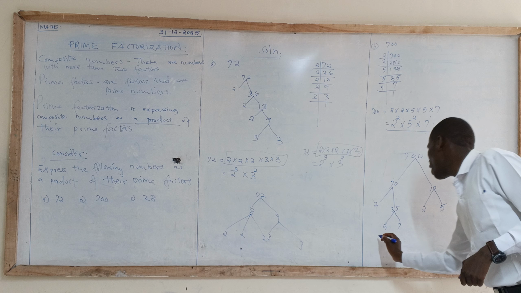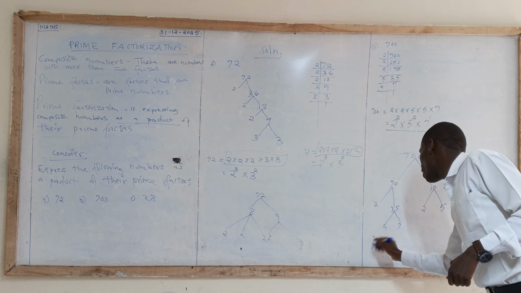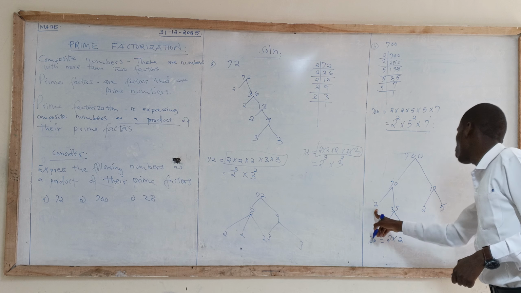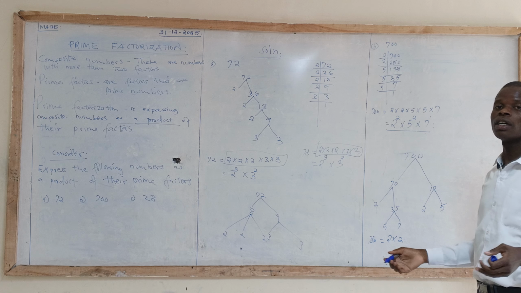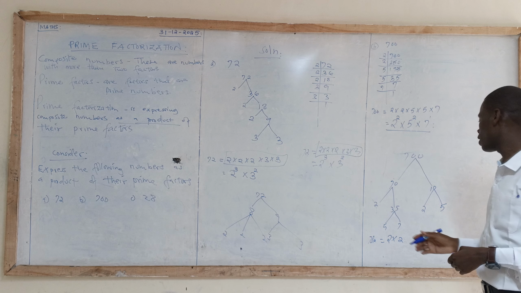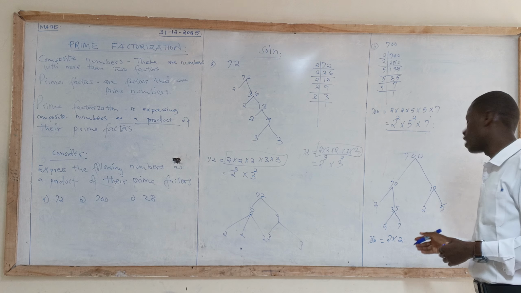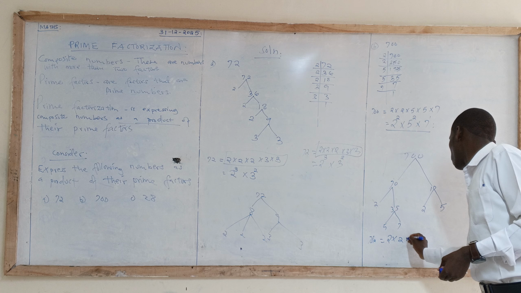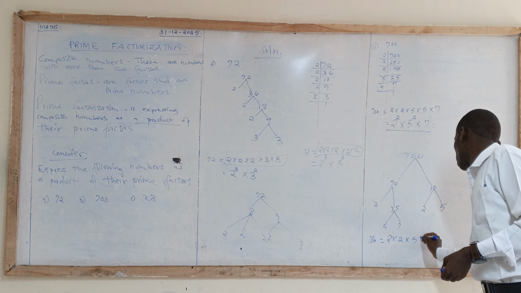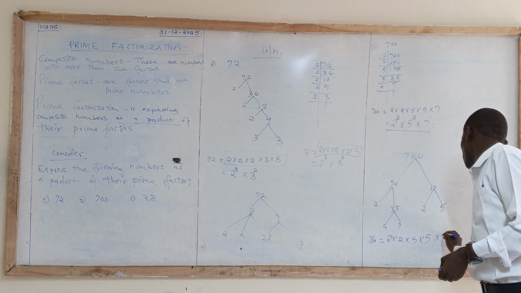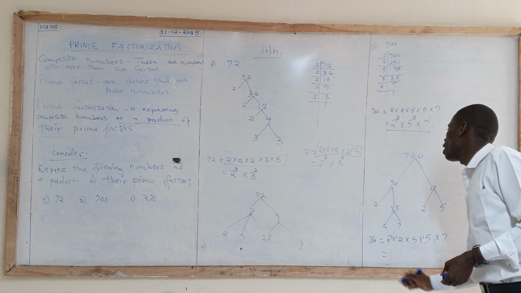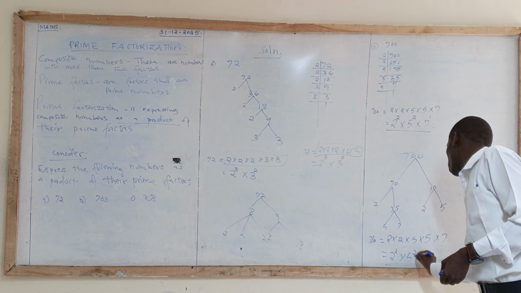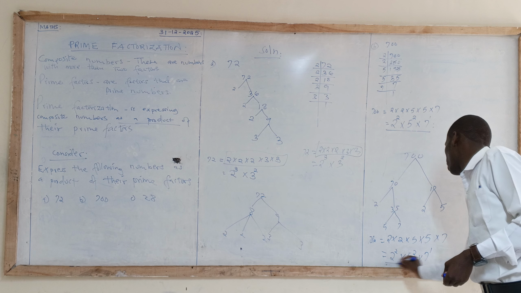So here we say that 700 is equal to 2 times 2, and we always start with the smaller prime factors first, then we move to the next in ascending order: 2 times 2 times 5 times 5 times 7. This still gives us the same thing: 2 twice, 5 twice, and 7 once.